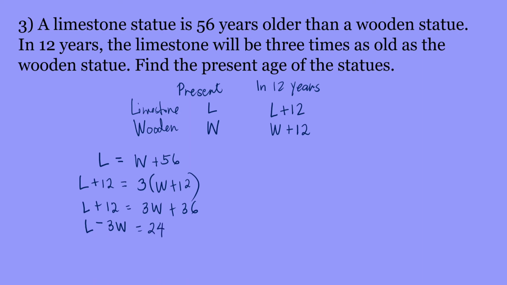Now, with the first equation, L equals W plus 56. Okay? Now, let us multiply this by negative 1. Why do we need to multiply this by negative 1? So that if this becomes negative L, it will cancel out to this L in the second equation. Okay?